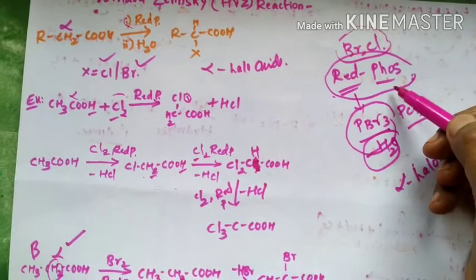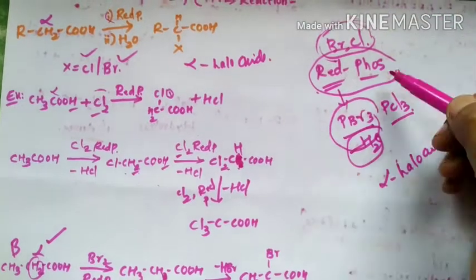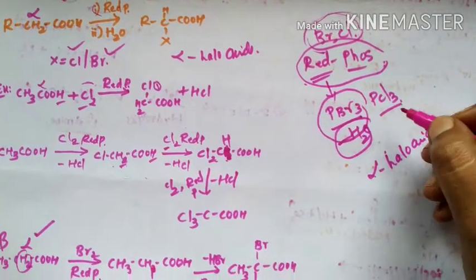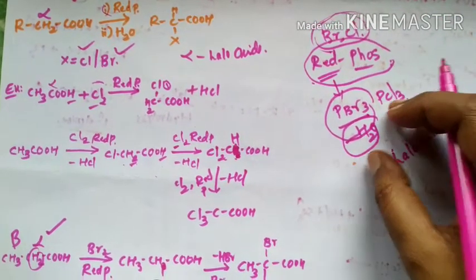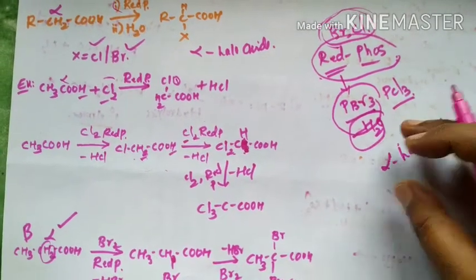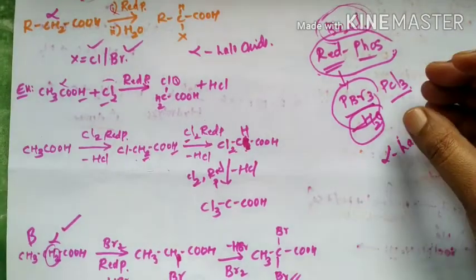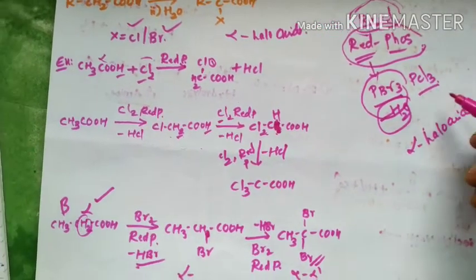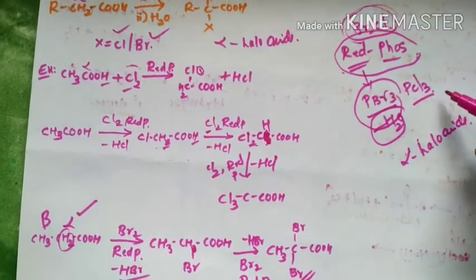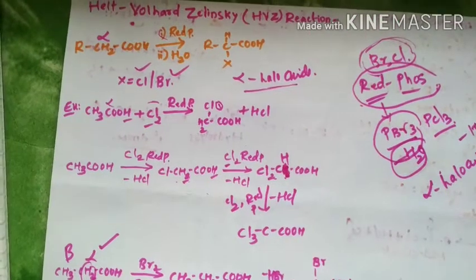It first reacts with the halogen, red phosphorus reacts with halogen and forms PBr3, that is, it combines with bromine or chlorine. It forms phosphorus tribromide, and further removal of water gives the final product as alpha halo acids.